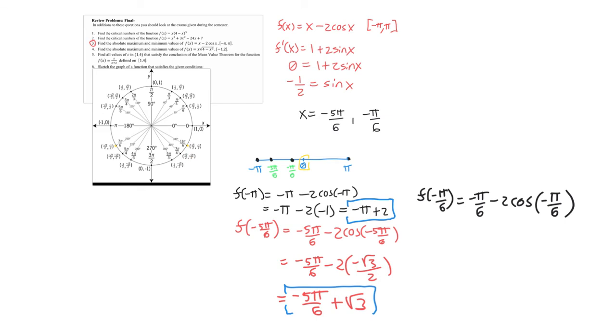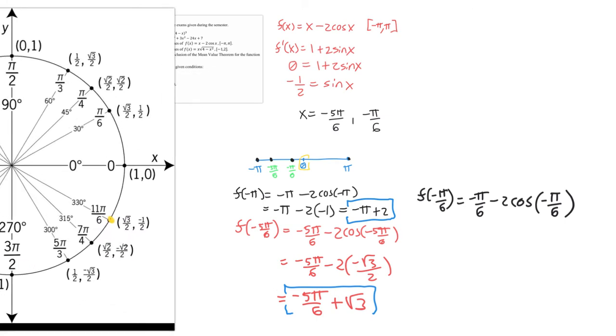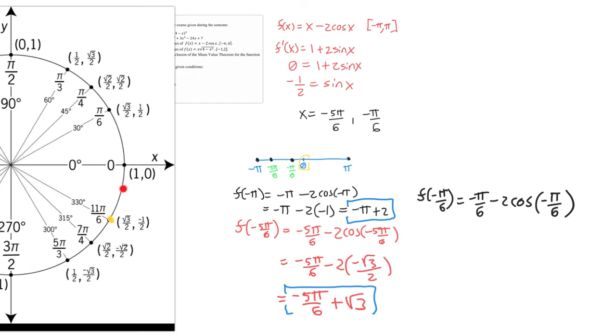If you can see this, that would end up being right here, and that would be radical 3 over 2. So ultimately this will become negative pi over 6 minus 2 times radical 3 over 2. The 2's would cancel, and we would have negative pi over 6 minus radical 3.